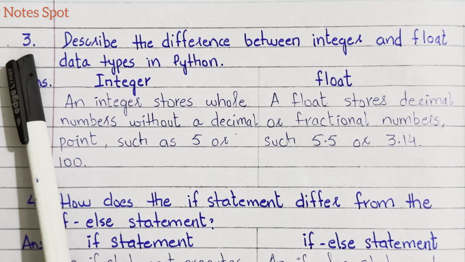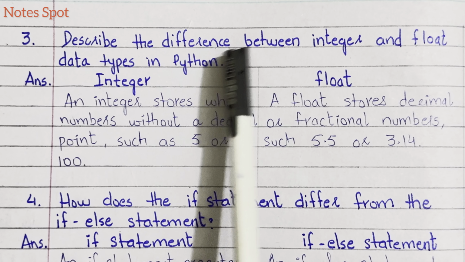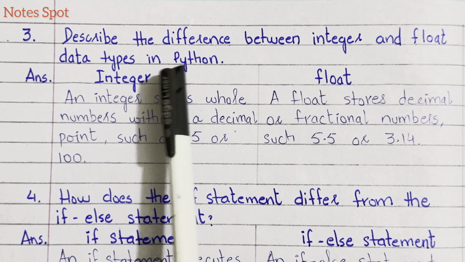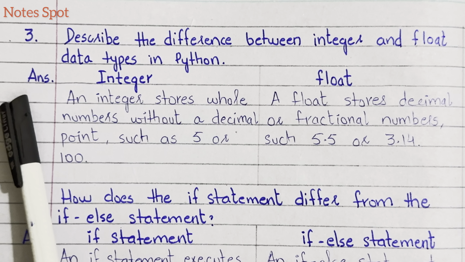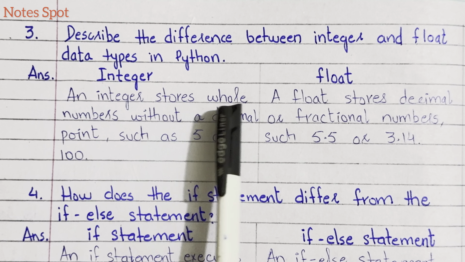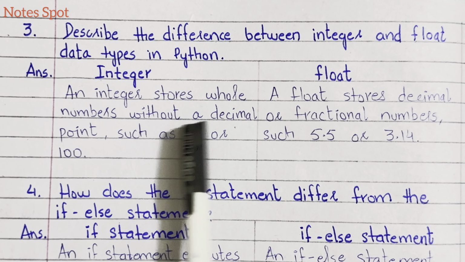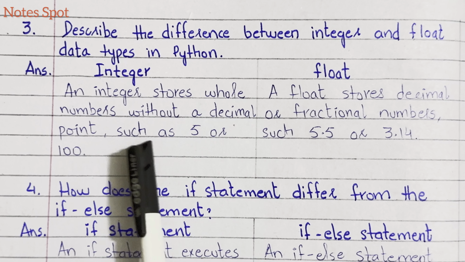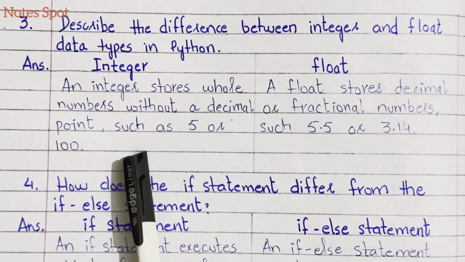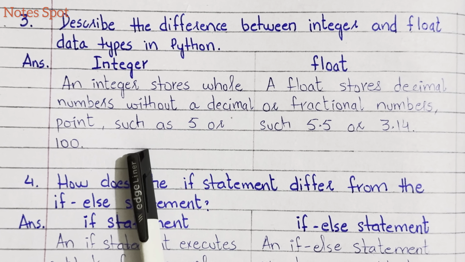Question number 3, describe the difference between integer and float data types in Python. Answer: integer. An integer stores whole numbers without a decimal point, such as 5 or 100. There is no decimal point in integer.